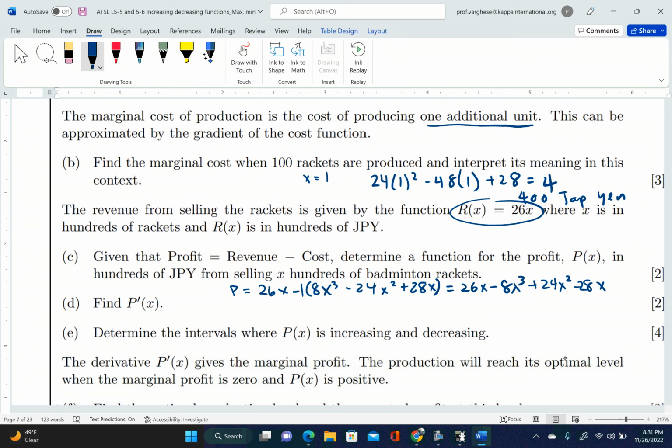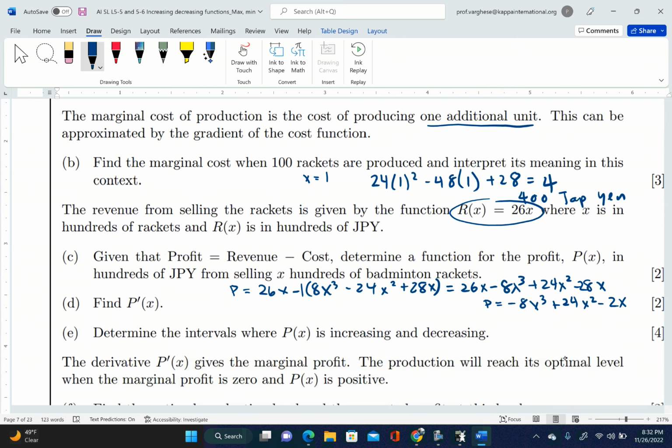So these two are alike. So final answer for profit is going to equal -8x to the third power plus 24x squared, and then 26 minus 28 is -2x. All right, so for part D, we're going to take this right here and differentiate p of x.